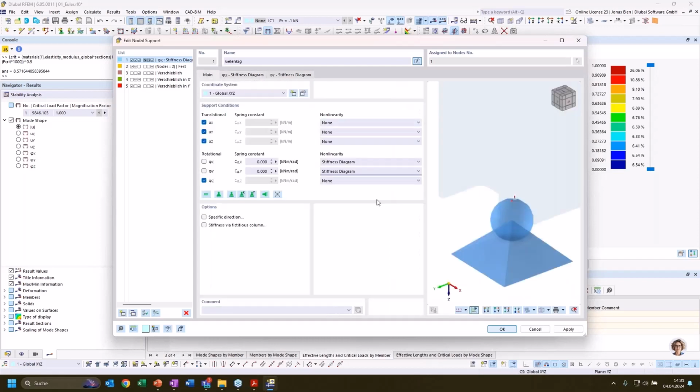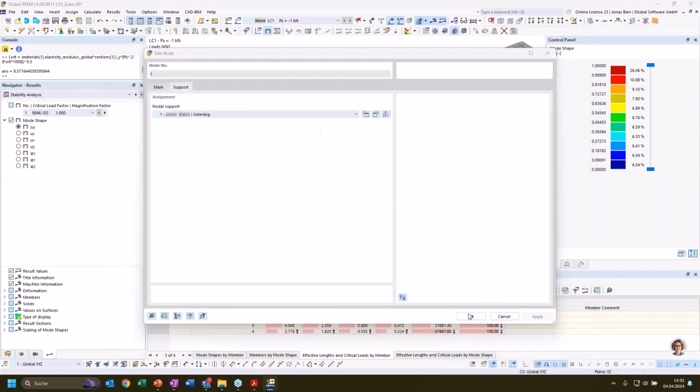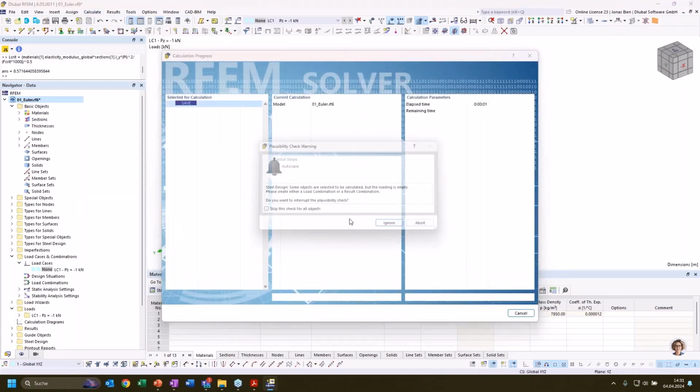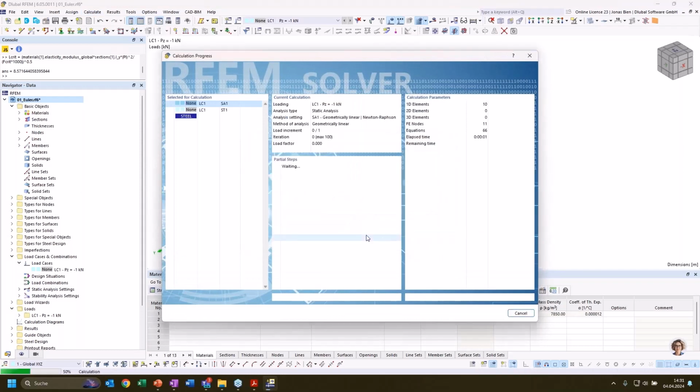So it doesn't look nonlinear at first glance, but we have to take into consideration that all these nonlinearities are ignored in the structural stability analysis. I want to just demonstrate this.